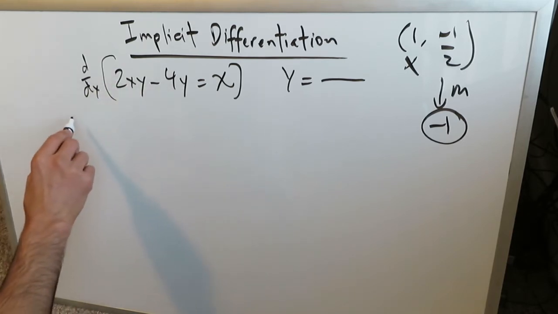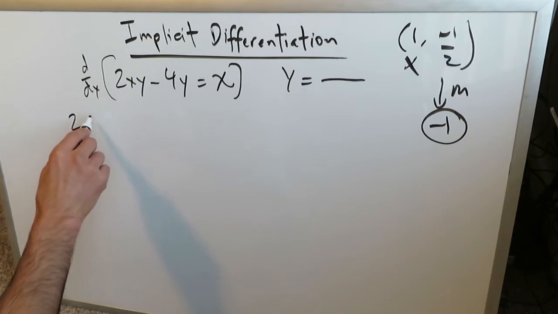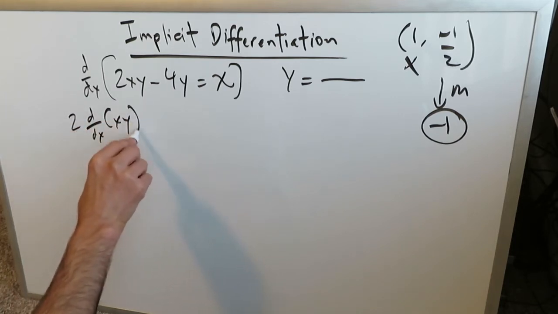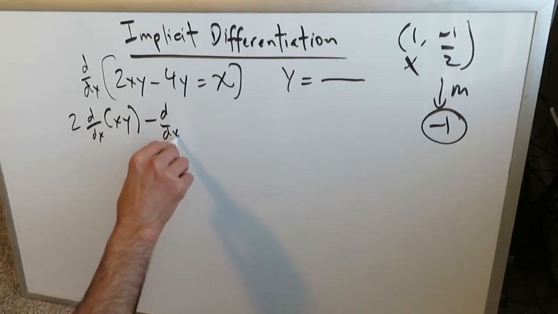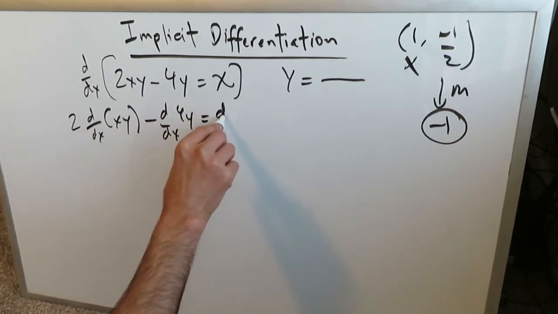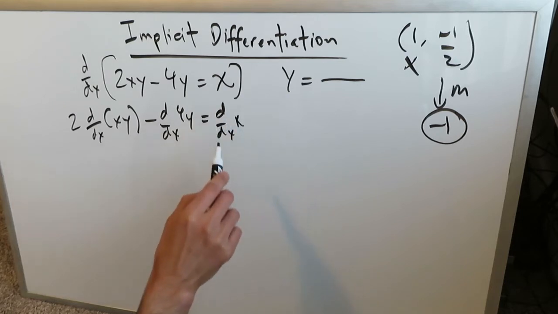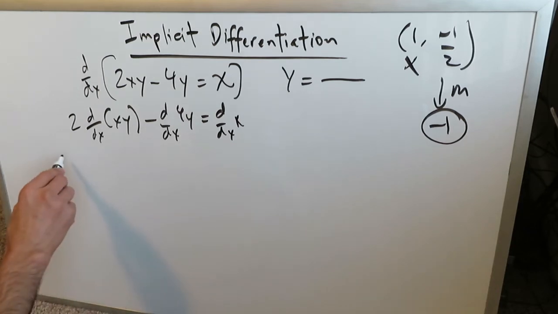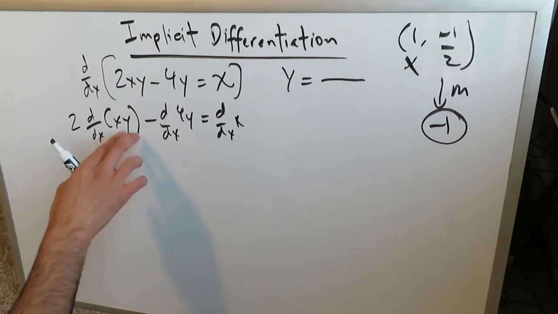You would take the derivative of all of this. You take your 2, you'd isolate it out, and then you'd have to do the derivative of this xy component. You do the derivative of this 4y component, and you do the derivative of the x component. And I'll show you a bit of the technique over here, though in the rest of the video I'll be showing you the technique again more clearly. But anyhow, you have the f function, the g function, you have a product function.